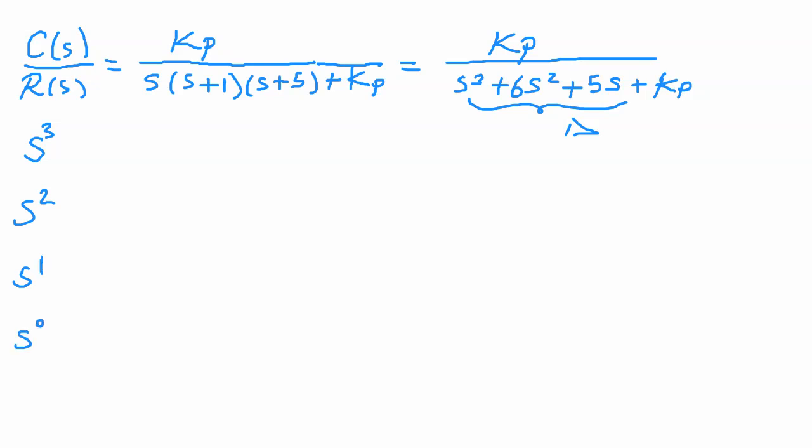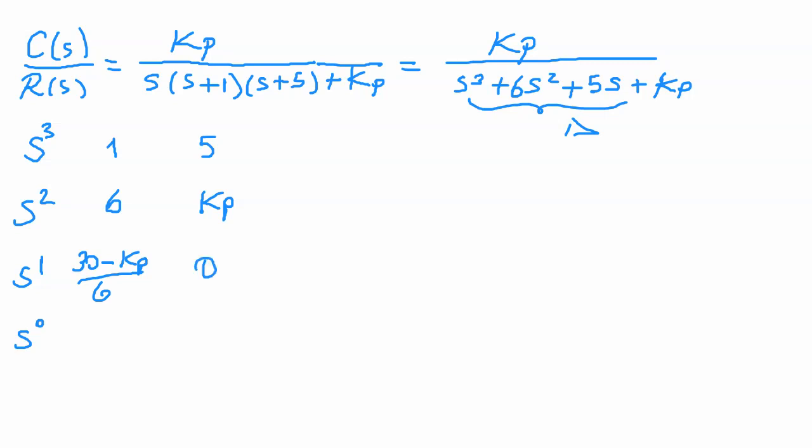Here, the first coefficient is 1, the other one is 5, and this one is 6, that one is Kp. 6 times 5, 30, minus Kp, over 6 is (30 minus Kp) over 6, and that one is 0.